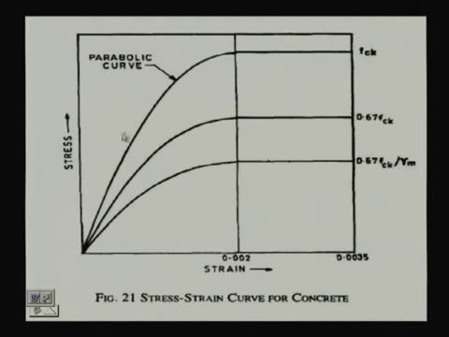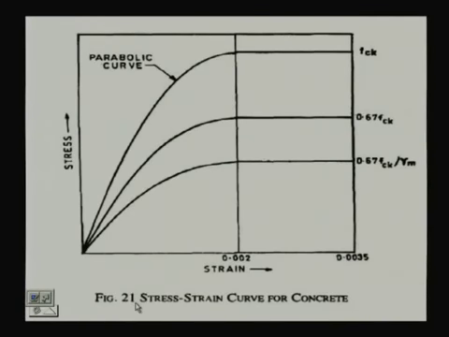Gamma m for concrete we consider 1.5, and for steel 1.15, which is justified because steel is manufactured in the workshop in a controlled environment, so obviously we can take less, whereas concrete is made in the field itself, so we take a little higher value, 1.5. That curve you will get in figure 21 of IS 456 for your reference.